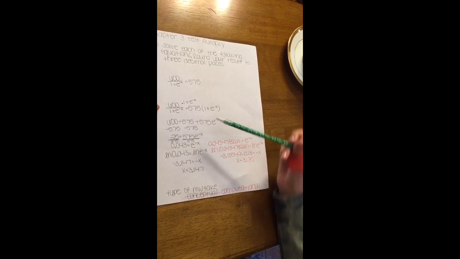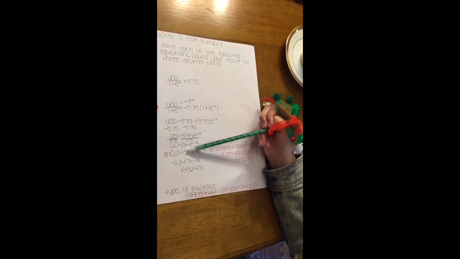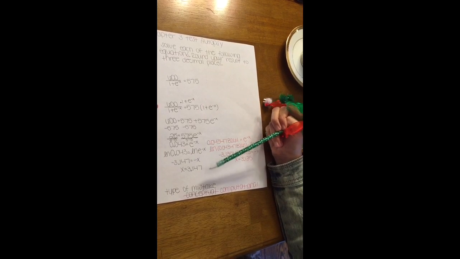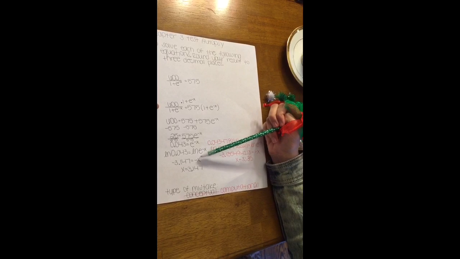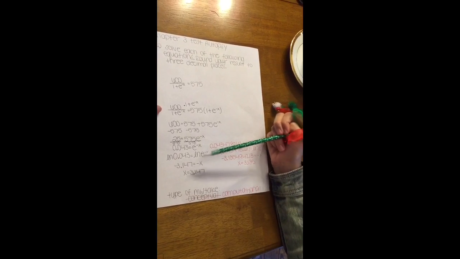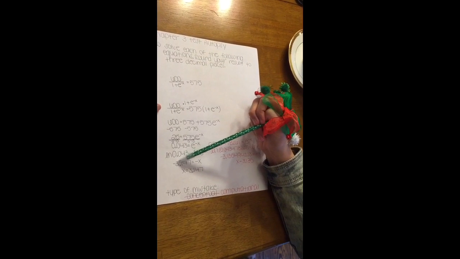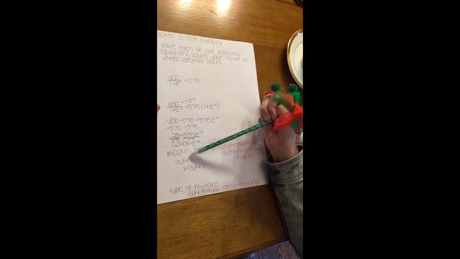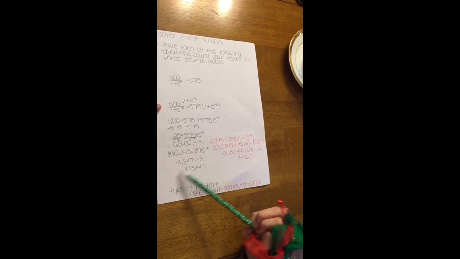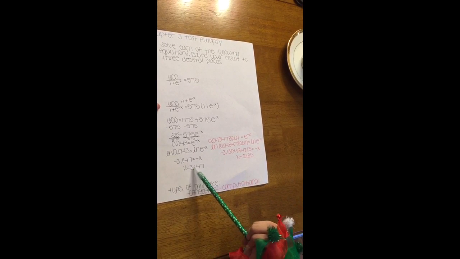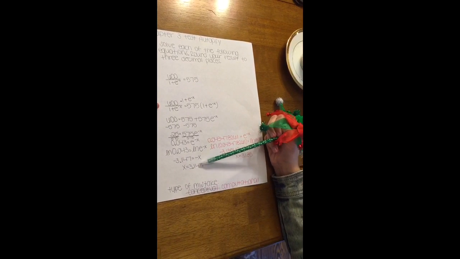0.043. Then she took the natural log of both sides, like she should have, to get e out of the way. Then she was left with negative 3.147 equals negative x. Divide both sides by negative 1, and she got x equals 3.147.